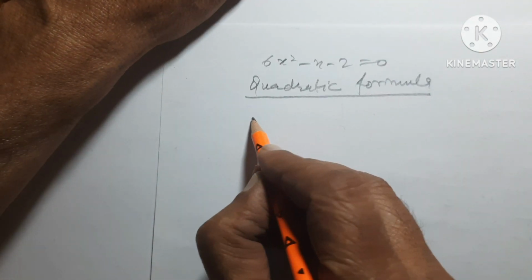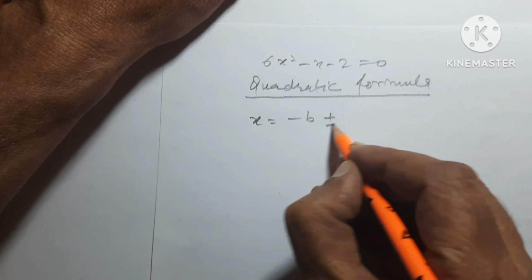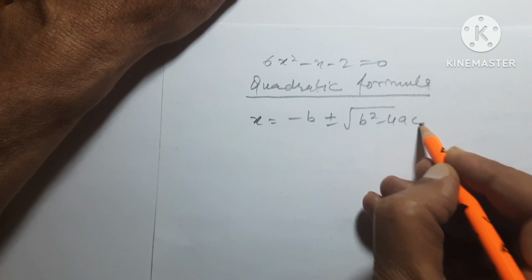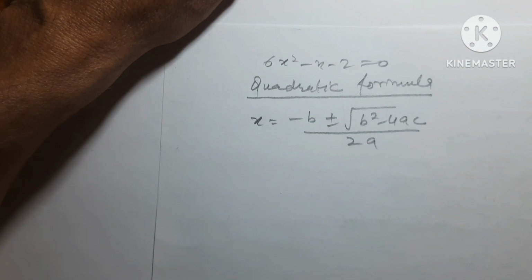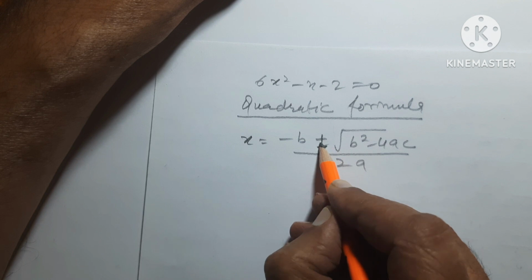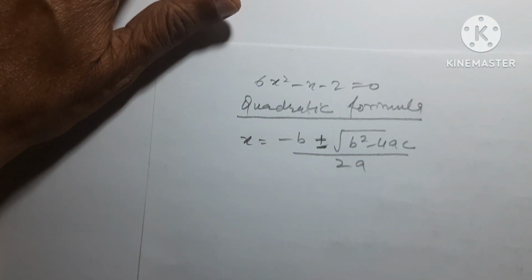So this formula is x is equal to minus b plus minus under root b square minus 4ac over 2a. You have to remember this formula. In the previous book this formula was derived, but in the present book it is not there.